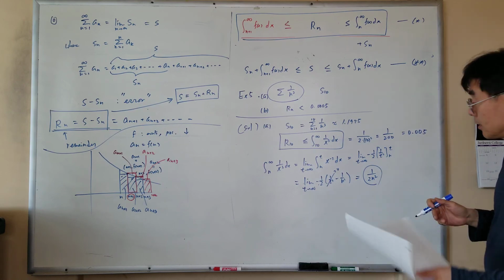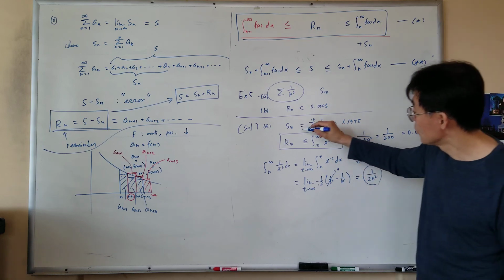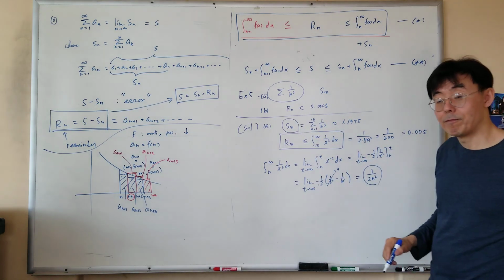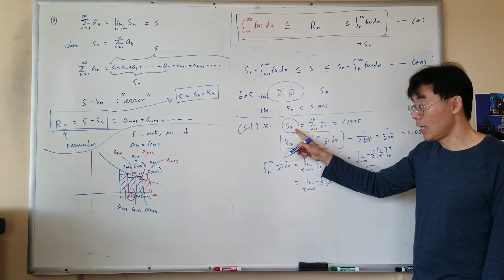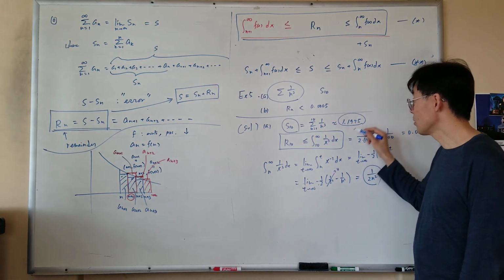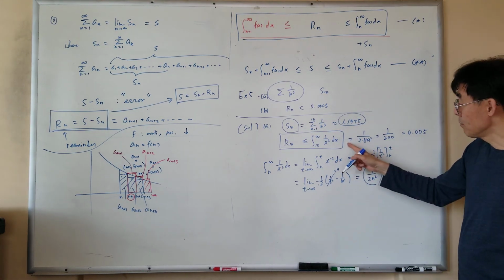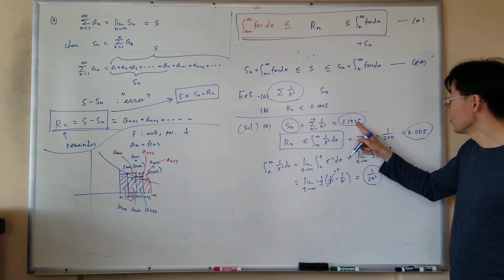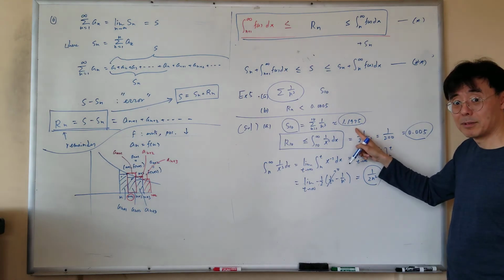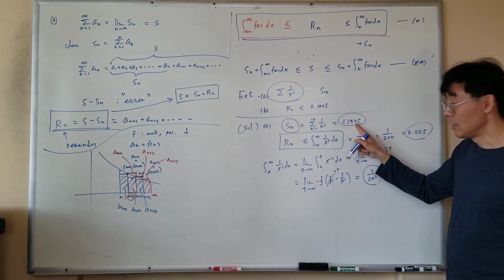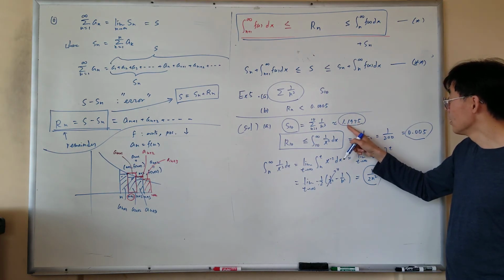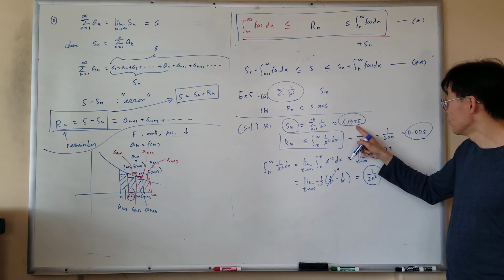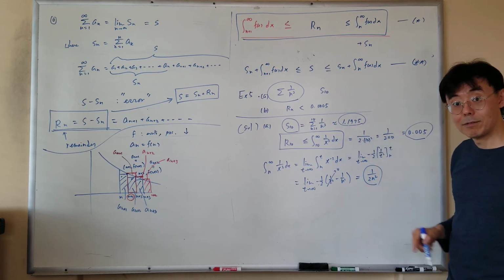So you can say that if we use S_10, the sum of the first 10 terms, that approximation has a maximum possible error of 0.005. So this value is not really reliable. Alright? It could be as large as 1.1975 plus 0.005, so 1.2025, right?